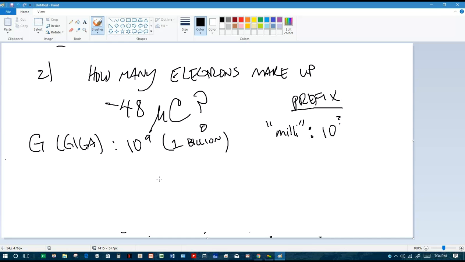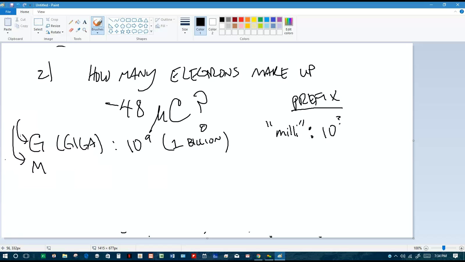So if you've got a gigabyte of information on your USB, that means you've got 1 billion bytes of information. If you had a gigacoulomb, that means you've got 1 billion coulombs of charge.